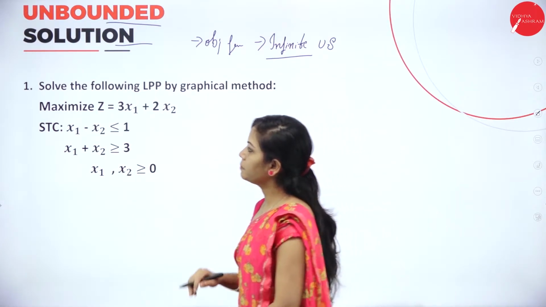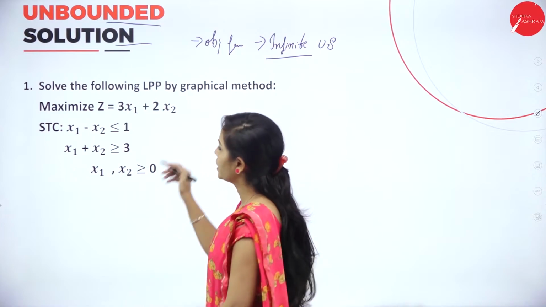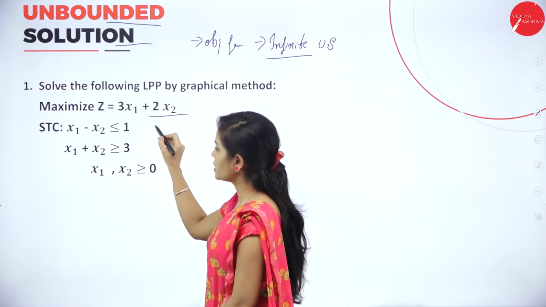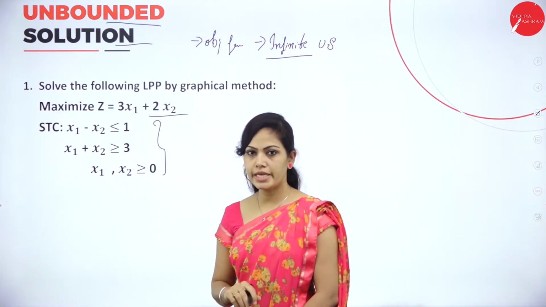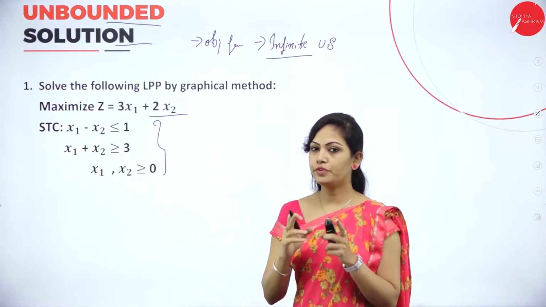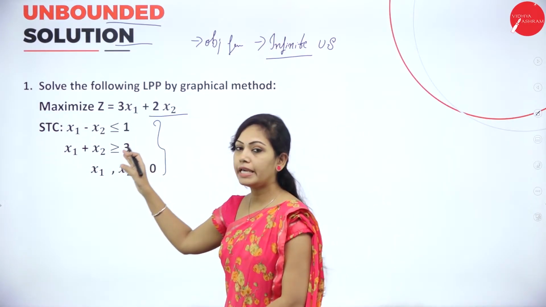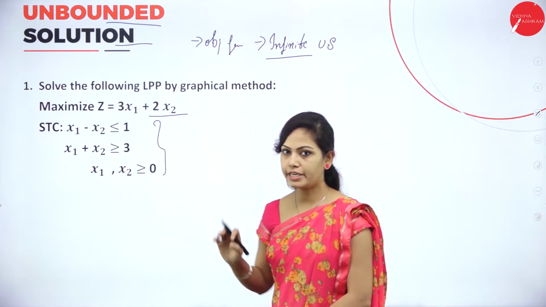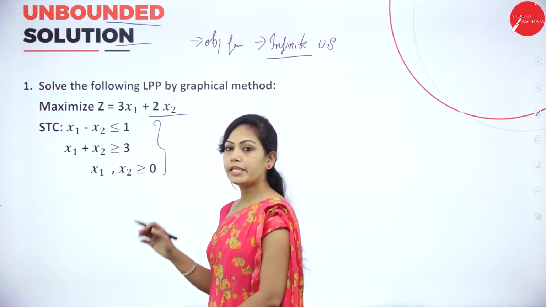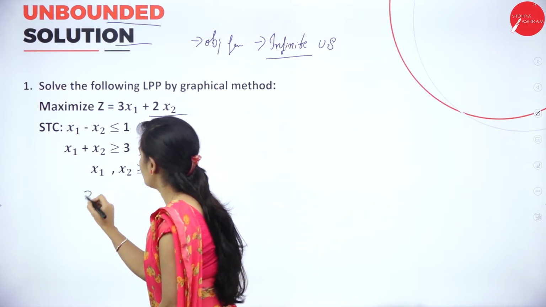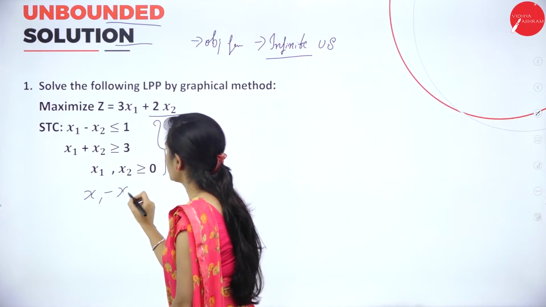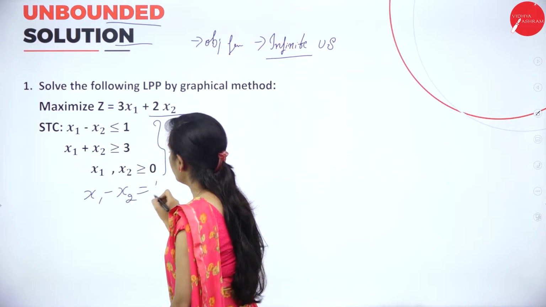Let's see an example of an unbounded solution. We have an objective function and constraints. What is the first step? The first step is changing the inequality into standard form, that is, inequality into equation. First we have x1 minus x2 is equal to 1.